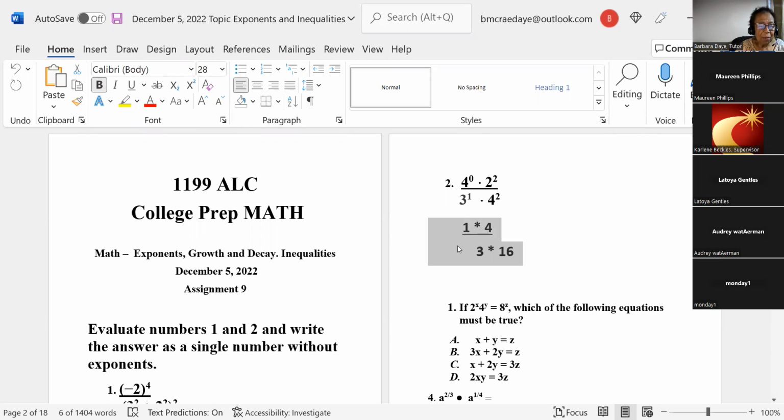Okay. Now, Maureen, what's 4 times 1? 4 times 1 is 4. So let's just put that there. And what's 3 times 16? 48. Okay. Now simplify that. In other words, reduce it to its lowest term.